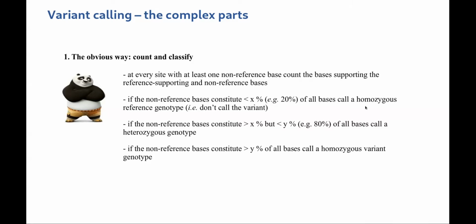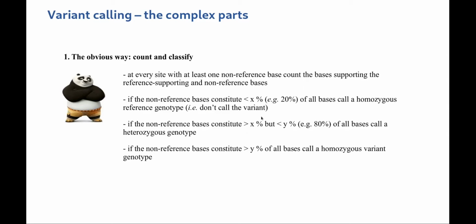So instead of just doing a majority vote whether there is a variant or not, as before, what we do now is at every site with at least one non-reference base count, we count the bases supporting the reference and the non-reference bases. That's like before, but instead of now looking whether more than 50% of bases are variant, we do different, more complex thresholds.